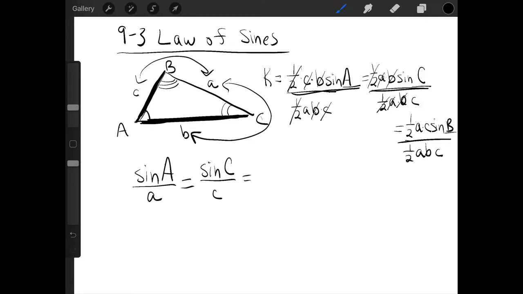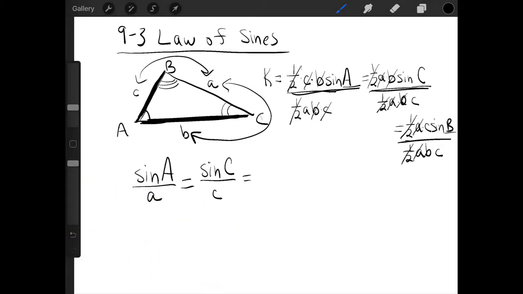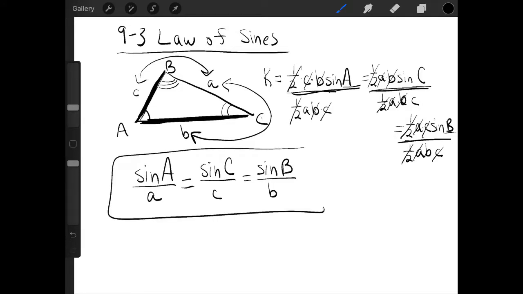Are you saying, this is so cool, just love it, Mathemagica? Cancel the halves, cancel the a's, cancel the c's, and I end up with sine of B divided by b. This is the law of sines.